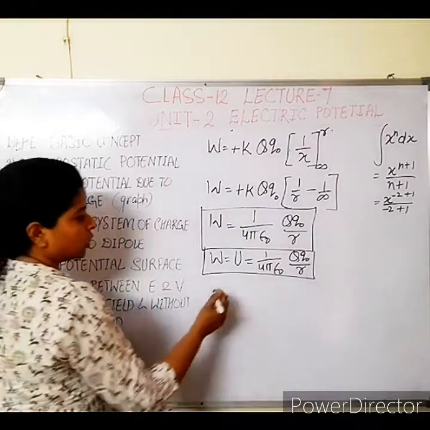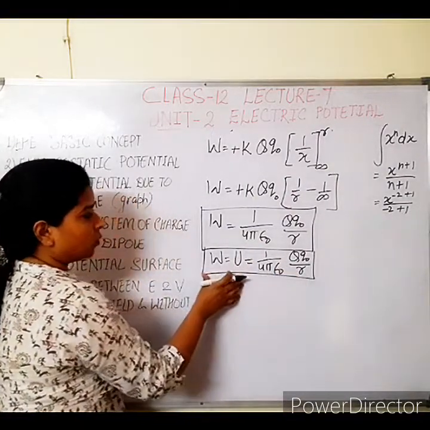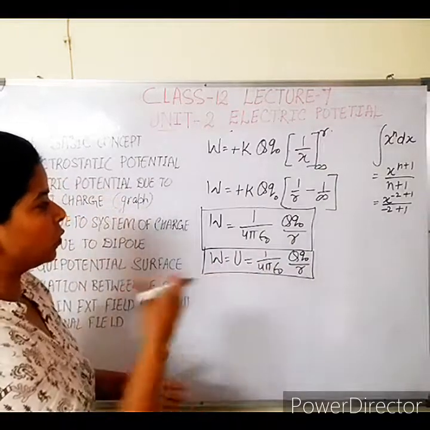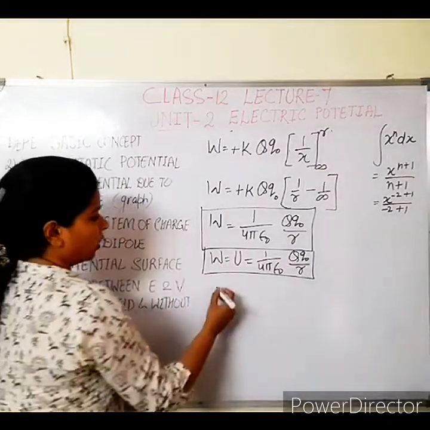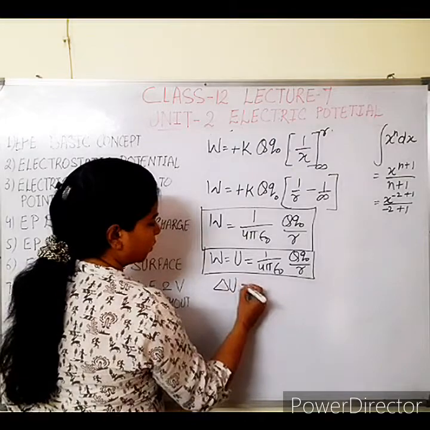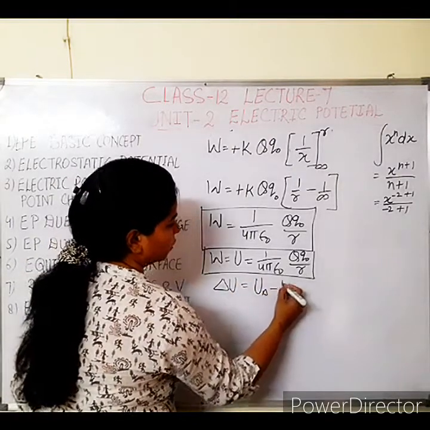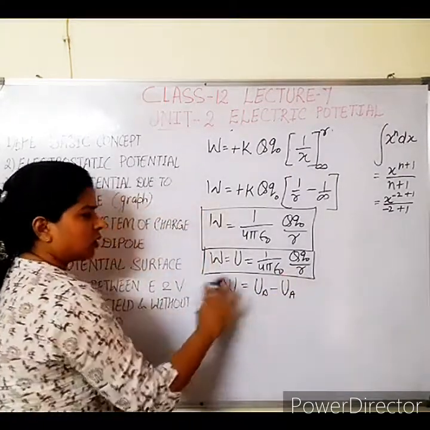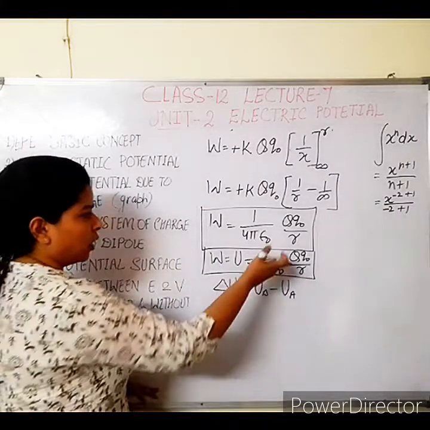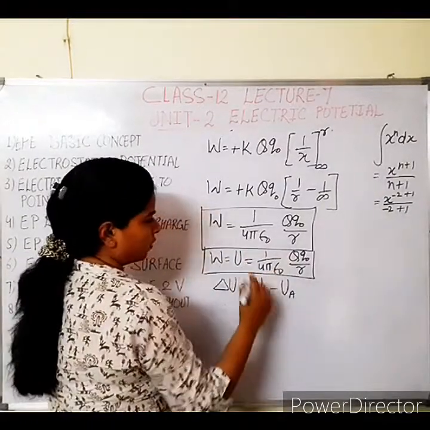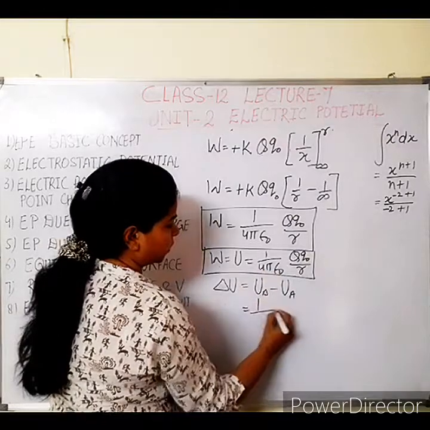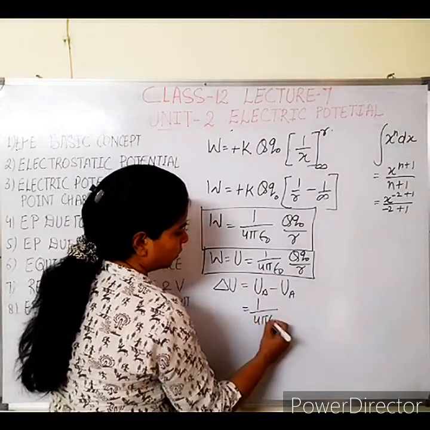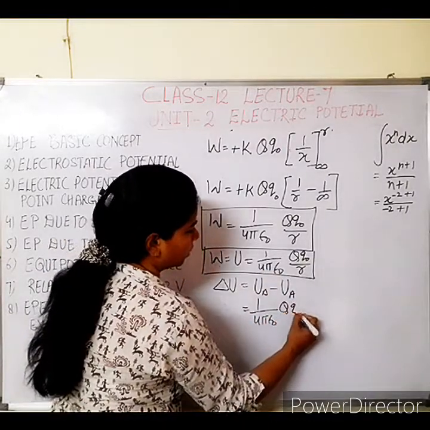And here one more thing is required. This is the formula related to the infinity to point P situation. If it is delta U, then you can write it as UB minus UA. There is nothing very difficult in the formula, because initially you derived it by taking the position as infinity. You will get the formula 1 over 4 pi epsilon naught, Q naught remains the same.